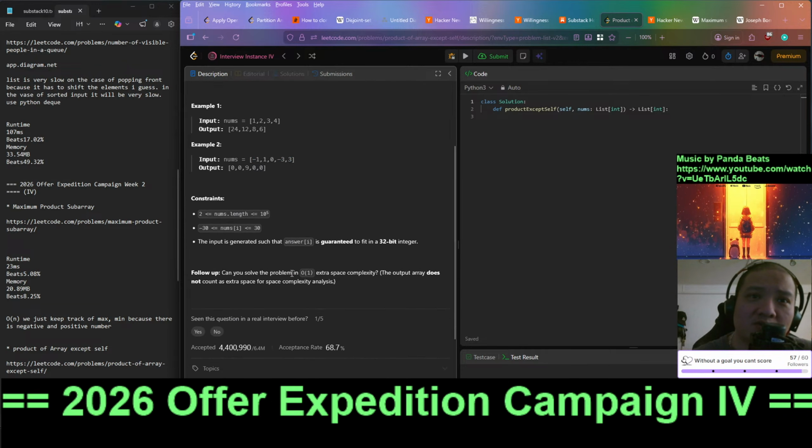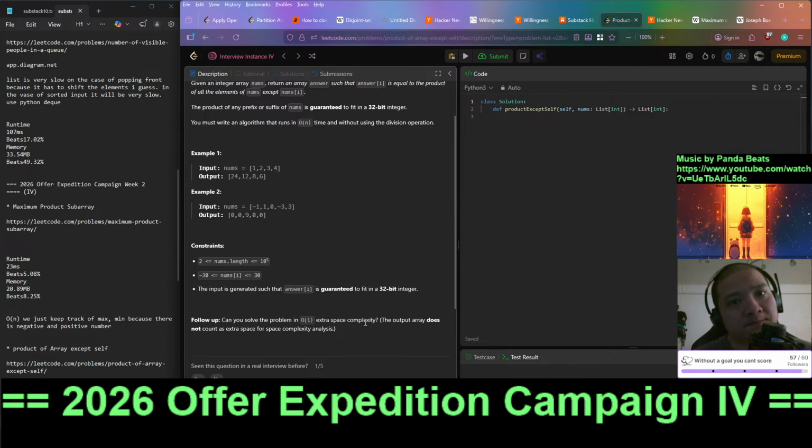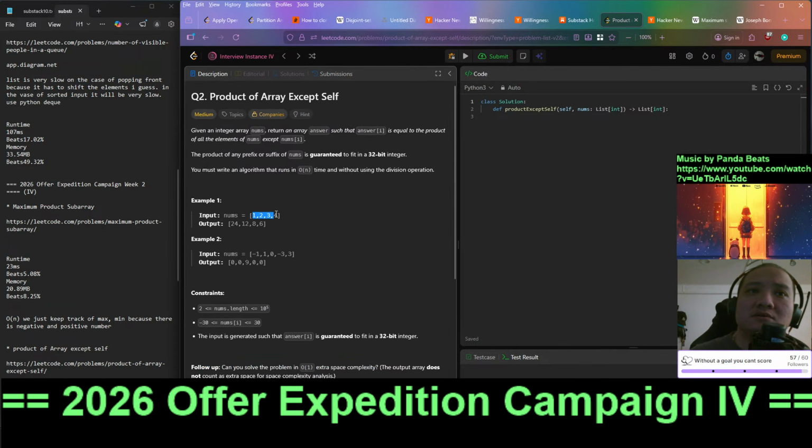Can you solve the problem in O(1) extra space? Which is what we were just thinking, right? We multiply all of them, we loop back, and we divide it by the number, right? Try that out. So basically, product, right?